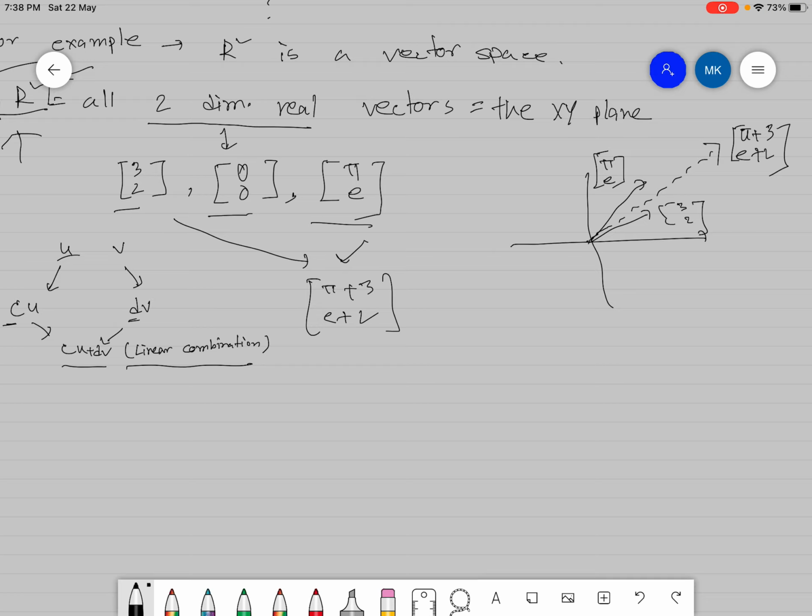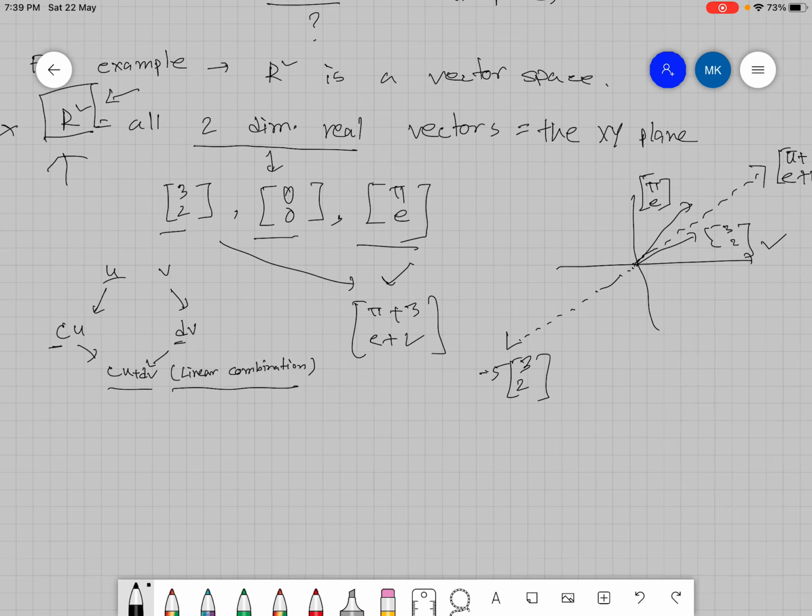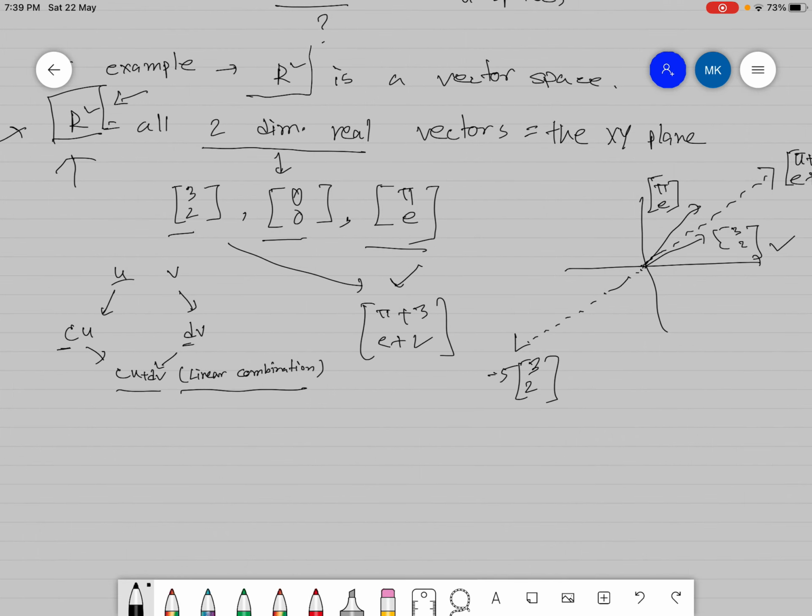Again, if you multiply this (3, 2) by any scalar, let's say by -5, it comes here. As you can see, if we take any two vectors from R2 and take some linear combination of them, then the linear combination stays inside that vector space. That's why R2 fulfills the condition of being a vector space.